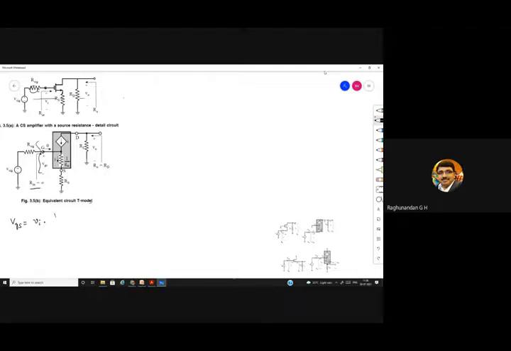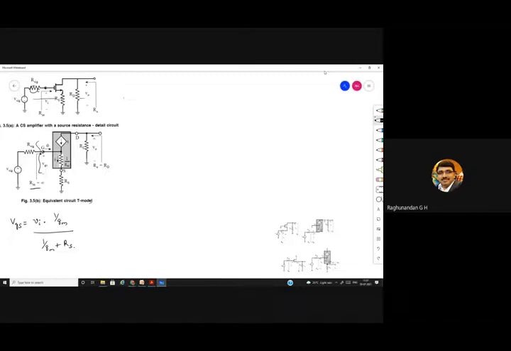So that's why 1 by Gm divided by 1 by Gm plus Rs, because this resistance is also connected. According to the voltage divider rule, we need to consider the total sum of resistance.